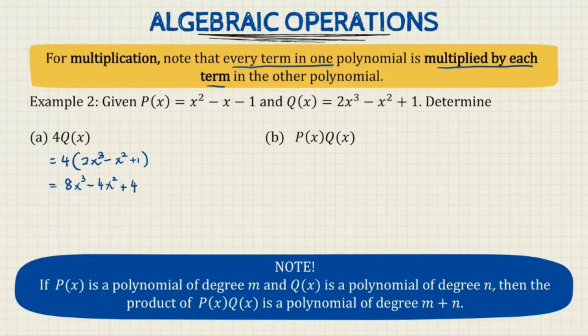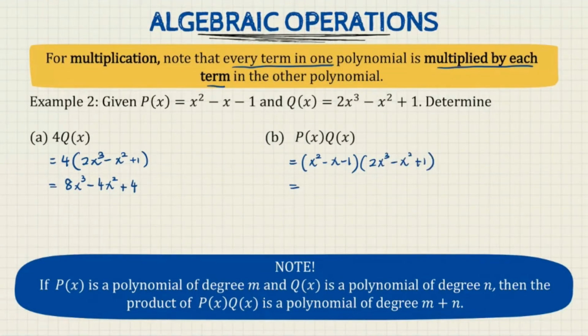Okay, so this is the simplest. Next is multiplying p(x) with q(x). So p(x) here is x square minus x minus 1, multiplied by q(x), which is 2x cube minus x square plus 1.